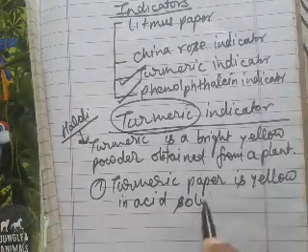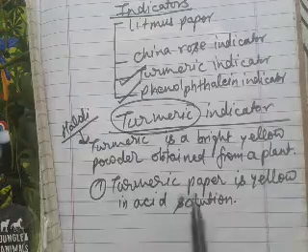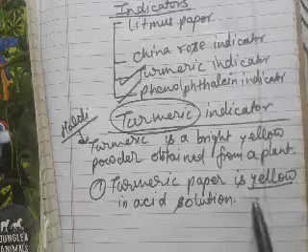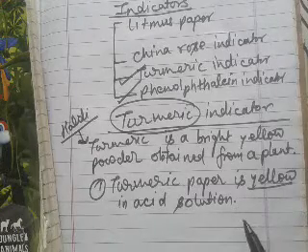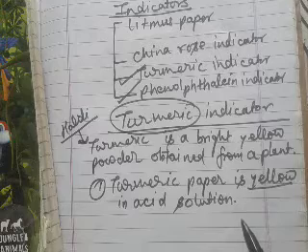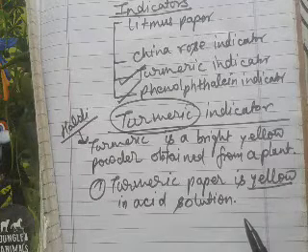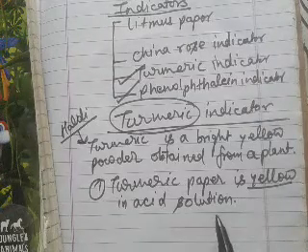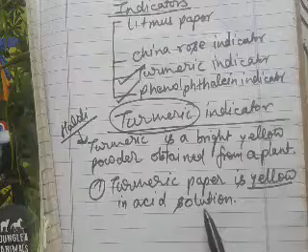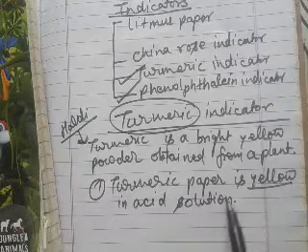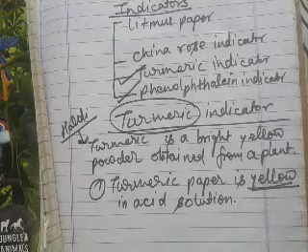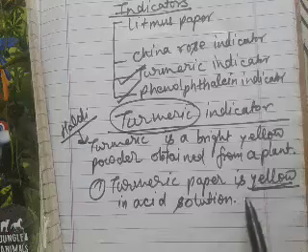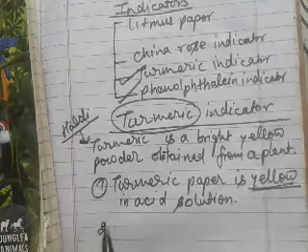It means turmeric's natural color is yellow, and when we use this turmeric paper to detect whether a substance is acidic or basic, if the solution is acidic in nature, the natural color of the turmeric paper remains the same. So we can say that turmeric paper is yellow in acidic solution.